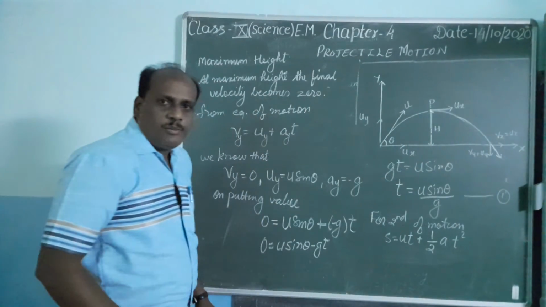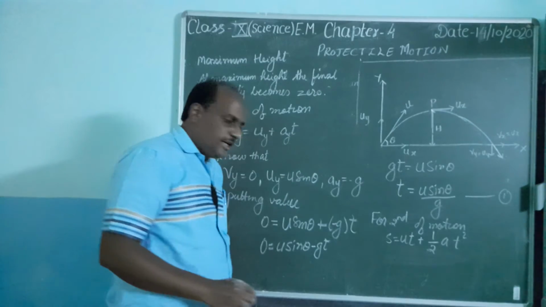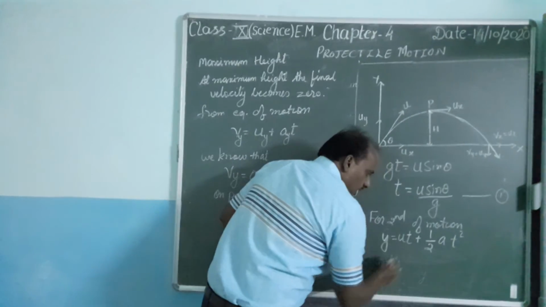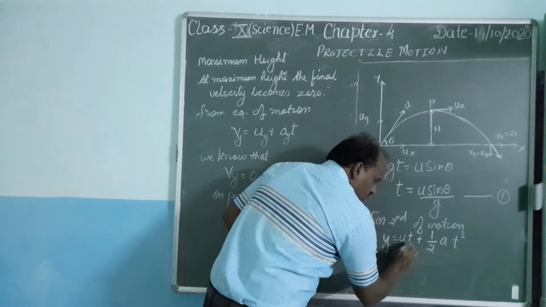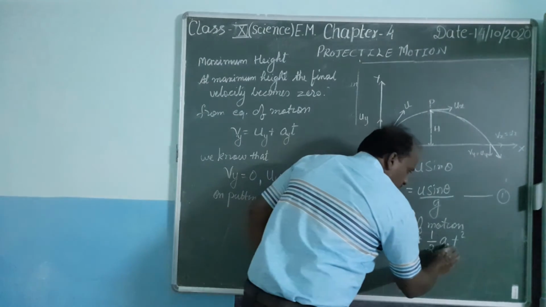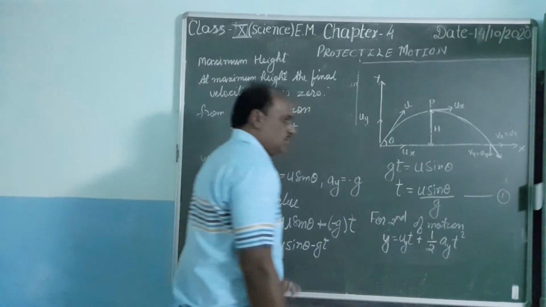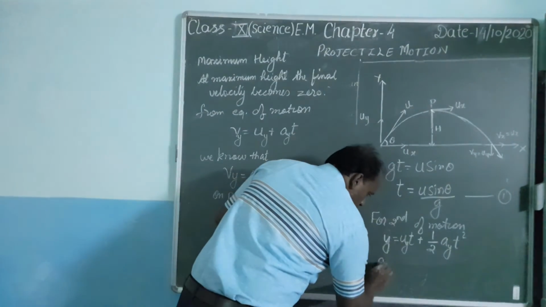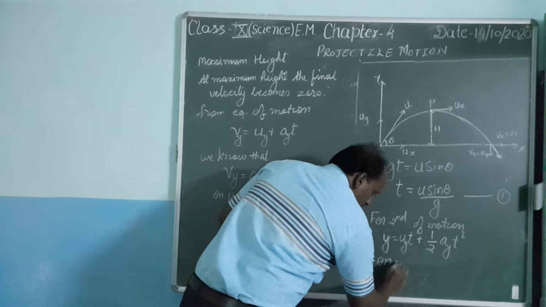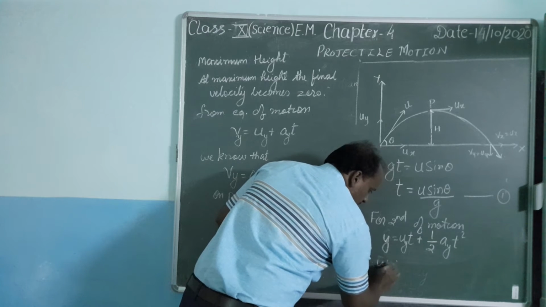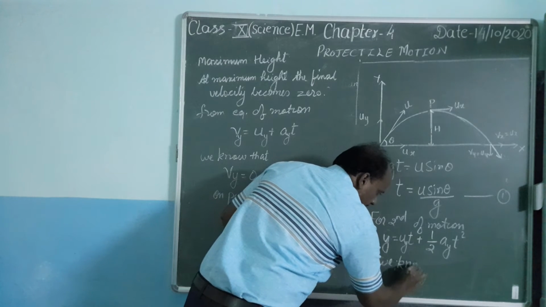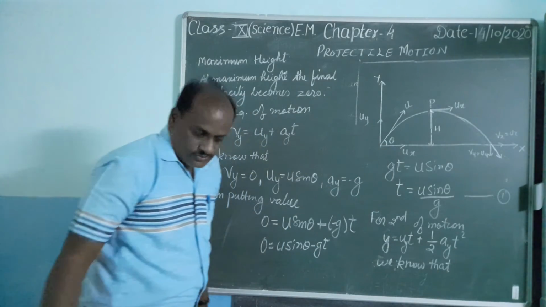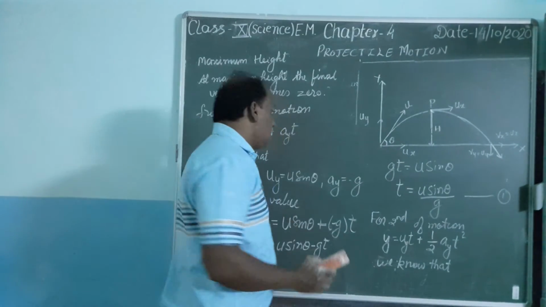We are applying this equation for the vertical direction, so in place of s we can write y, u will become uy and a will become ay.